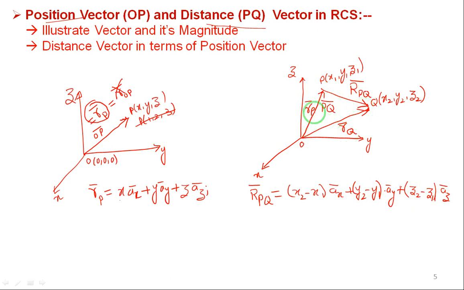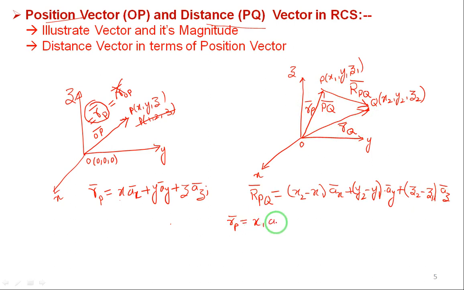So you can see the triangle law here, right? Tail to tip. So I want to establish the relation. Just observe here. What is the RP vector? You write down the RP vector first. The coordinates of point P are x1, y1, z1. The origin is 0.